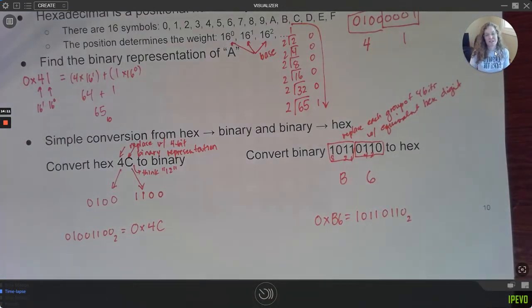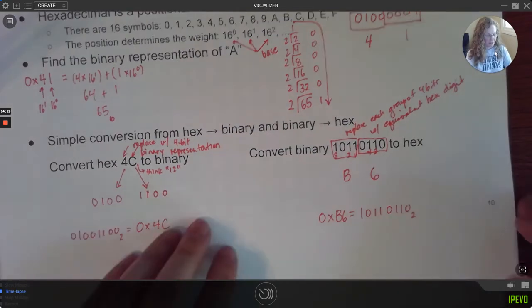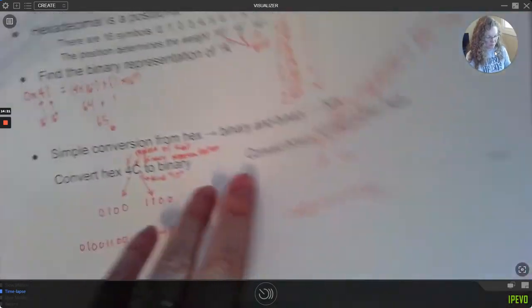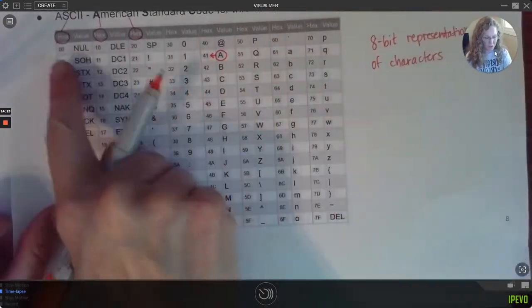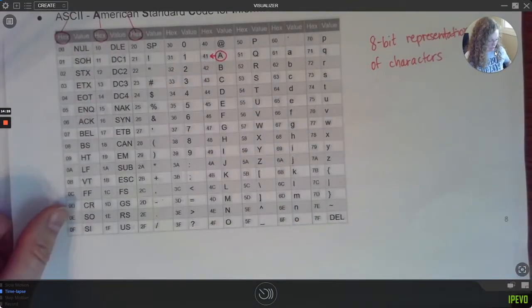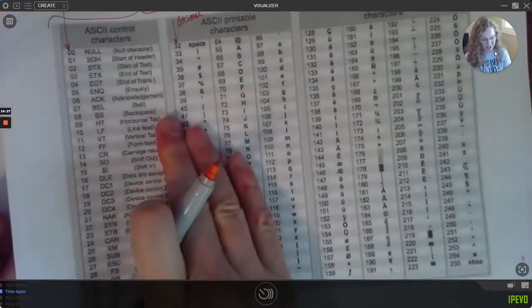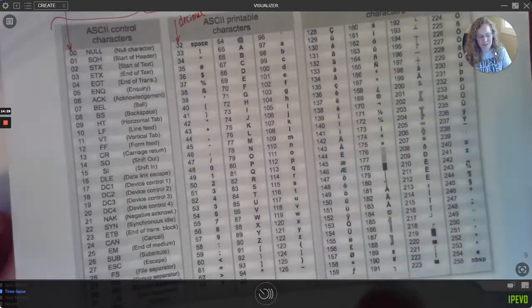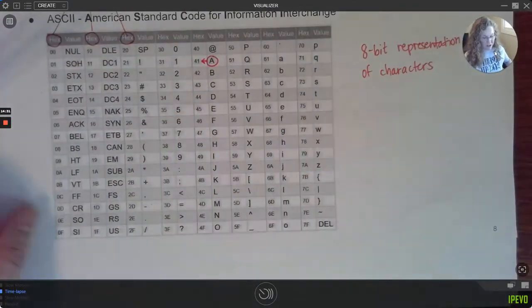Notice that's much easier because there's none of that repeated division, and it should go much more quickly. That's why you're typically given the ASCII table with hex values as opposed to decimal values. With decimal values, you'd have to use that repeated division, and it's just longer.